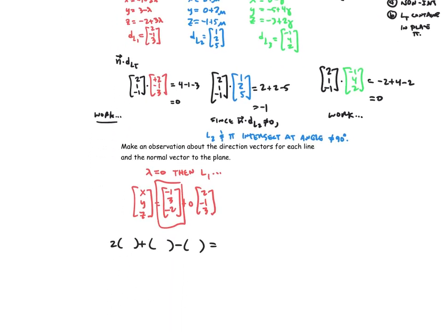So we're going to see what this comes out to be. I'm going to plug the values for x, y, and z when lambda equals 0 and see what that comes out to equal. Well, that'd be -2 plus 3 plus 2. Well, that comes out to be 3.